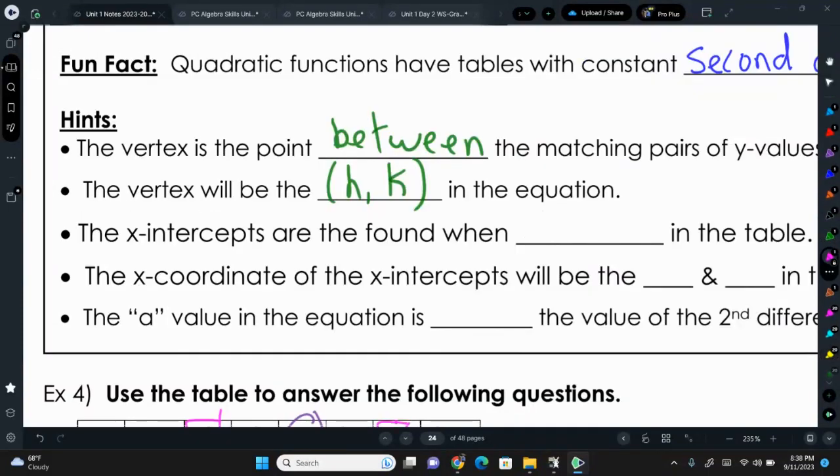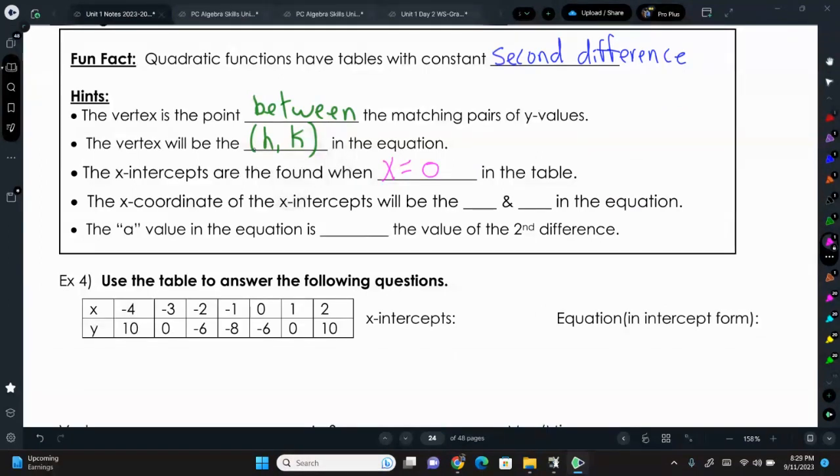So the x-intercepts are found when y equals 0 on the table. That's how you know it's an x-intercept. And then the x-coordinates are going to be p and q in the equation, and that a value is going to be calculated using the second difference, and it's 1/2 of that second difference.